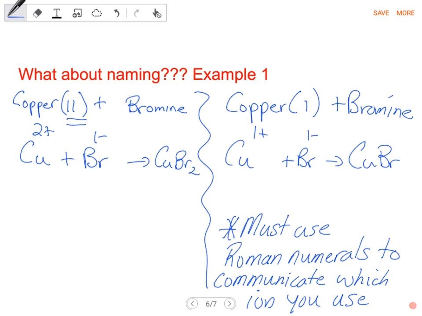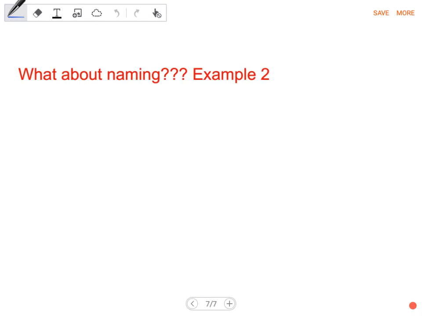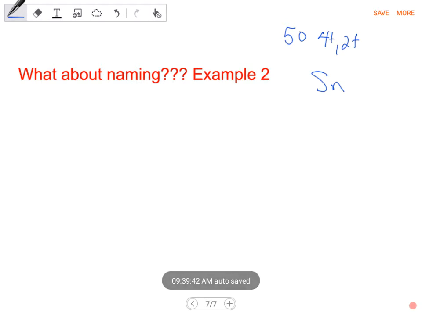Now, I'm going to show you the next step in this. If we go to the next page, they're going to give you a name, and they're going to say, draw the compound or create the compound. So everyone, if you can find tin. Tin is Sn, atomic number 50, and it has a 4 plus and a 2 plus. Now, they'll give you a name of a compound.